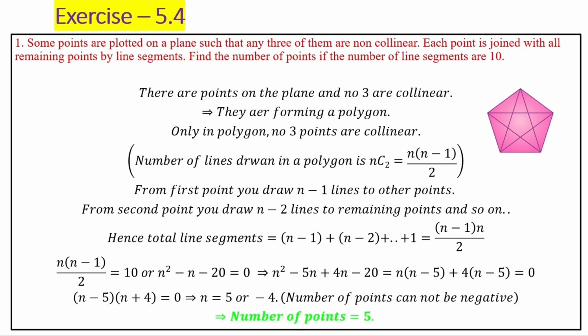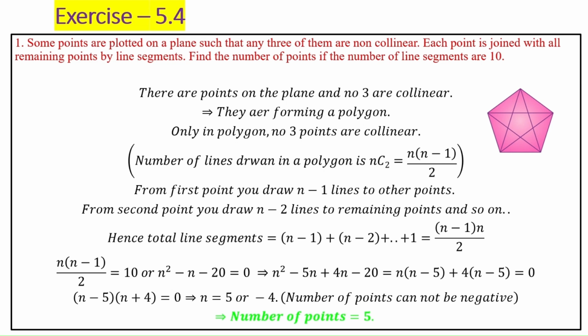So just read the question carefully. There are multiple points on a plane, and there are no 3 points which are collinear. That means you are actually drawing a polygon. Only in a polygon you don't have 3 points which are collinear, right?